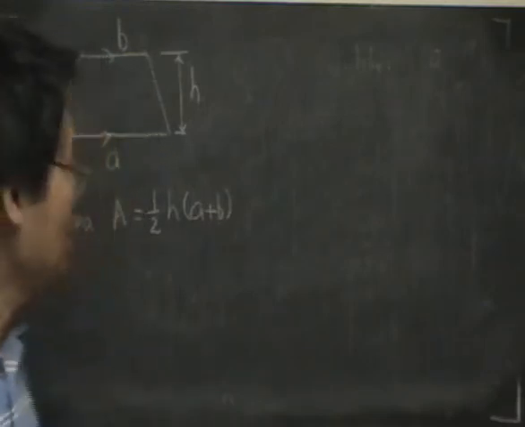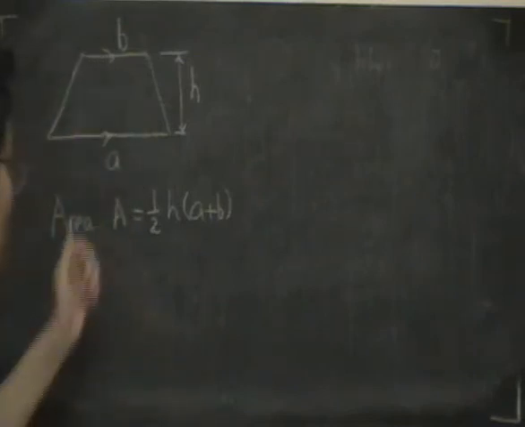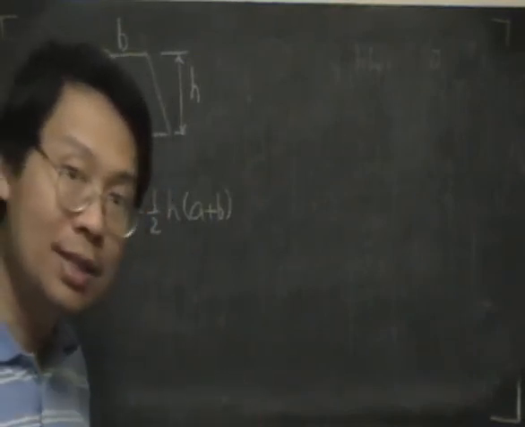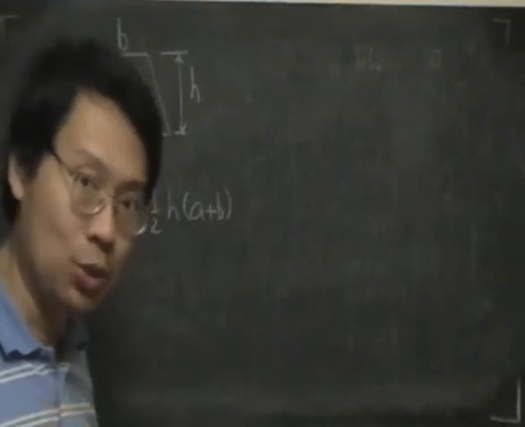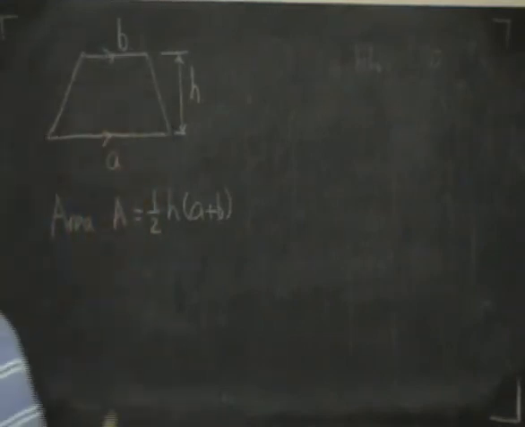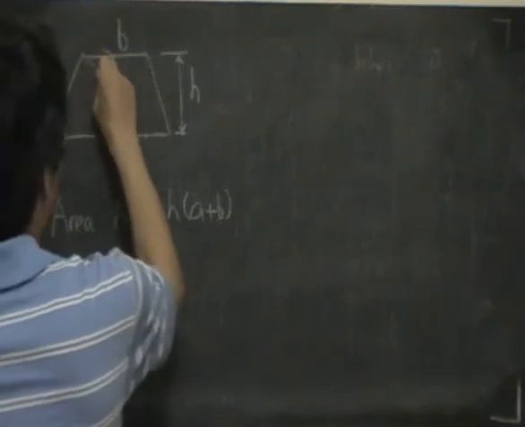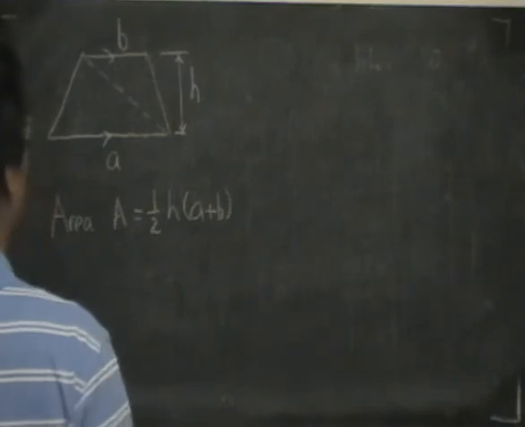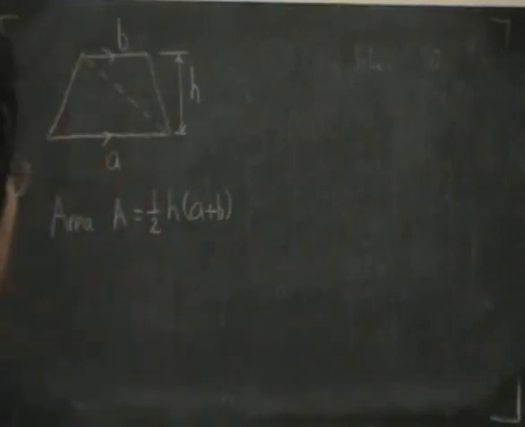Now, how did that happen? Why does the formula look like this? We can understand it quite easily using the same idea that we saw for the parallelogram. Draw a line from one corner to the opposite one. This divides the trapezium into two triangles.